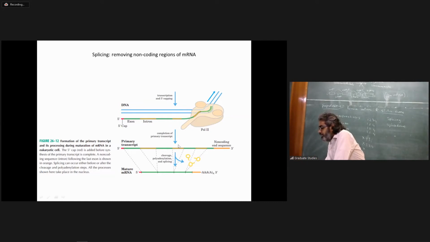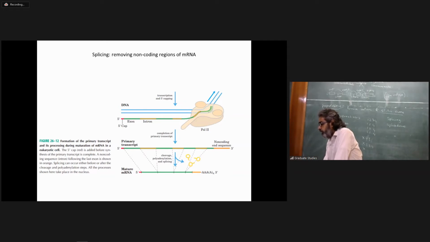In the second step, all these green regions are exons, and these yellow regions are non-coding. In this step the spliceosome comes into the picture and removes these introns, stitching the exons together to give you a template which can now be given directly to the ribosome to synthesize protein.